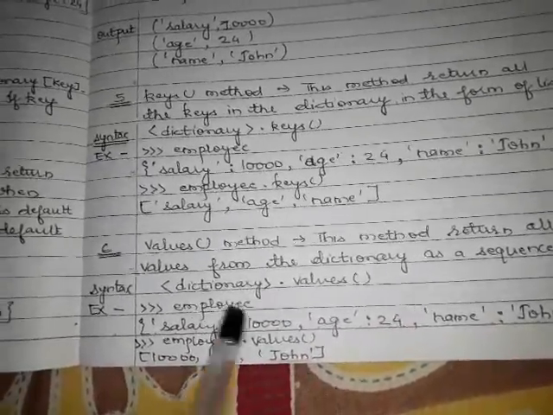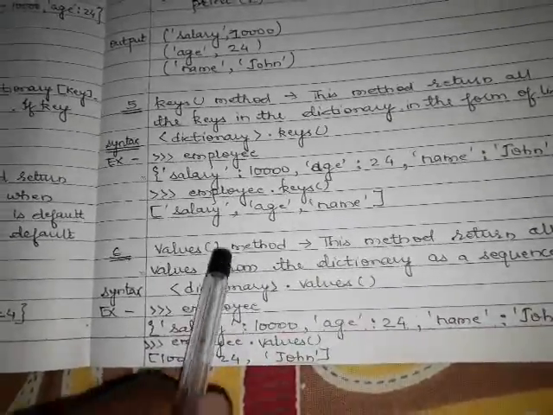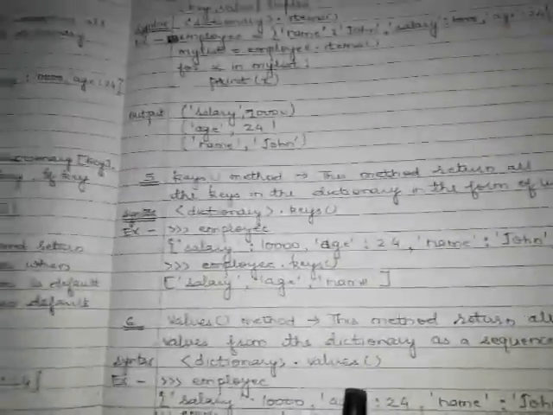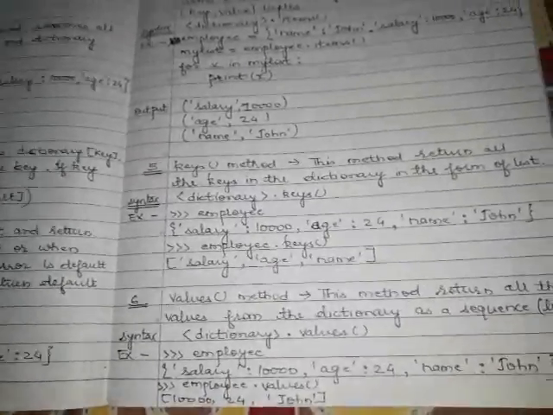The order is not fixed. So this is the concept of values, keys and items. Items return tuples, keys return a list, values return values. Our last method is the update method.